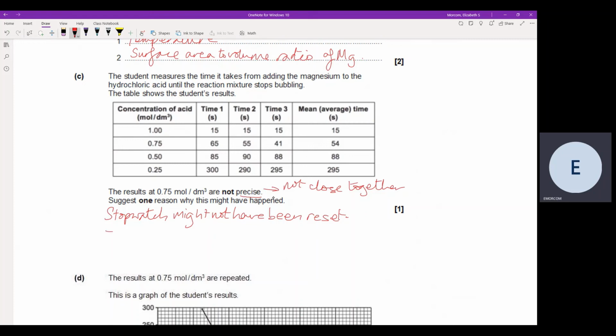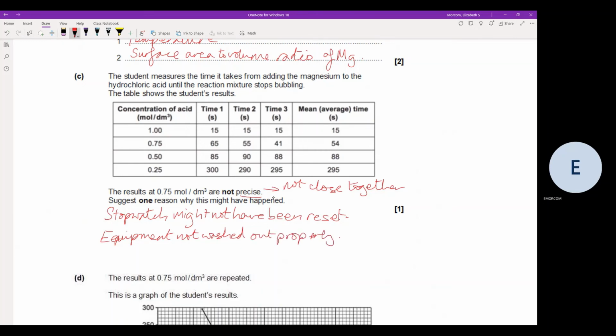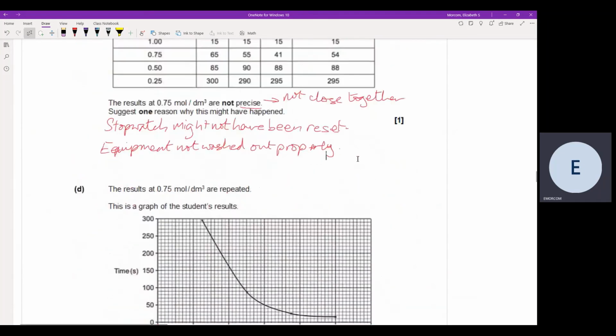So the equipment not washed out properly. Or we might not have stirred it properly, or we might have accidentally added the wrong mass of magnesium, something like that. That's about this particular reaction experiment.